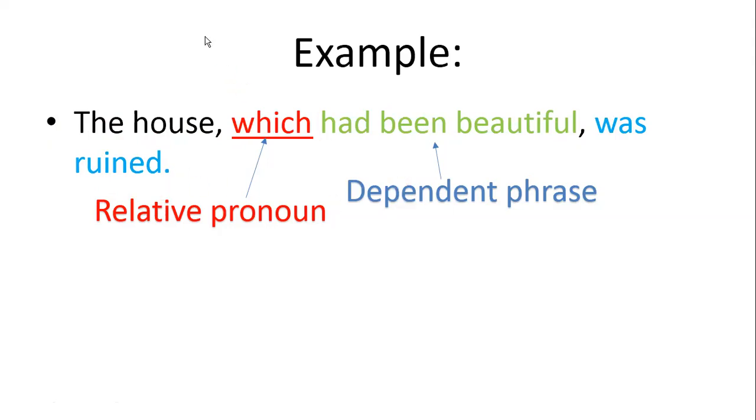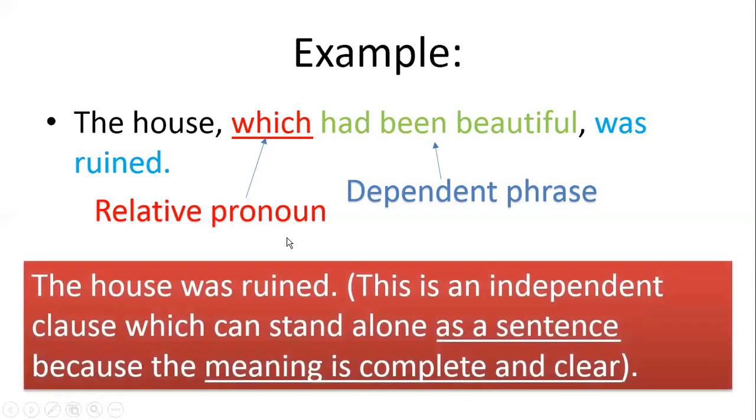If I remove the dependent clause, the meaning is still there. The house was ruined. This is an independent clause which can stand alone as a sentence because the meaning is complete and clear.